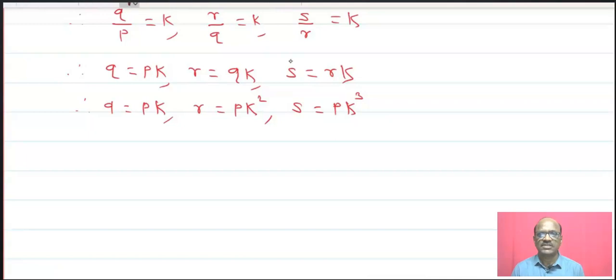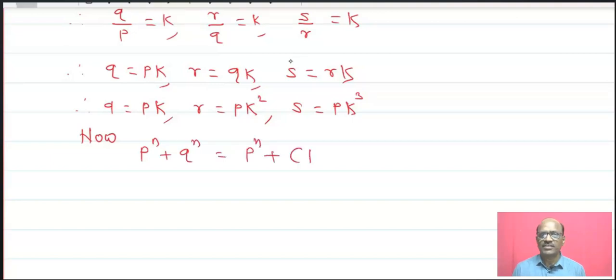Now, see this here. p^n + q^n. Now, p^n will be as it is because its value is as it is.